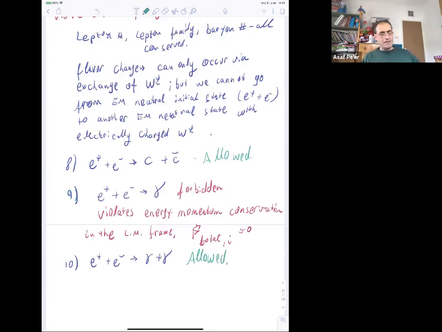Okay, guys, I apologize for taking too much of your time. Of course, in the center of mass frame, after the interaction, the outgoing photons will have the same energy and go in opposite directions.